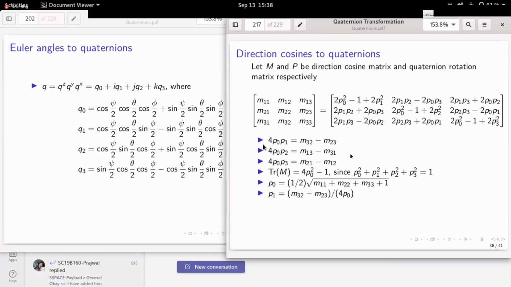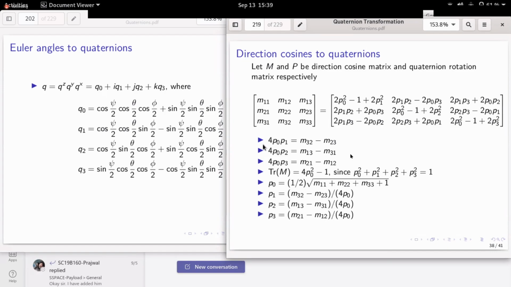That is the clue for this particular trace computation, why the positive value of P naught is enough. I will not tell you, you can go back and work on that. Later on, in the next class, we will discuss that. So P1 obviously is this off-diagonal difference divided by 4 P naught, similarly all the others.